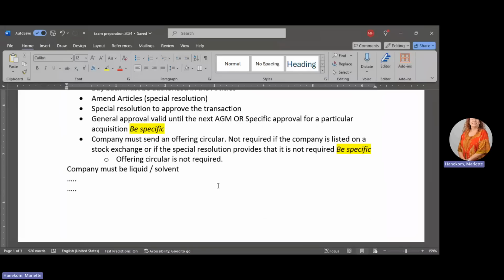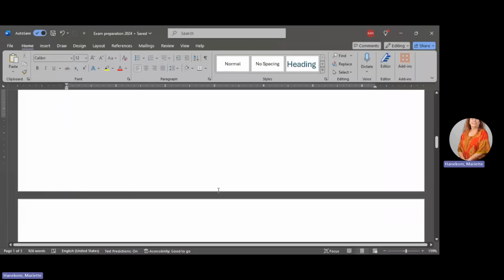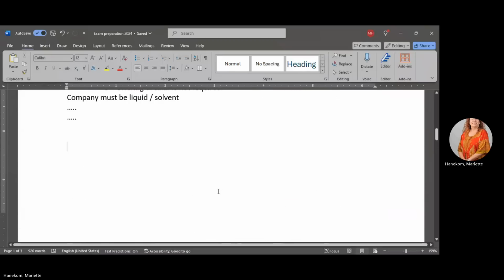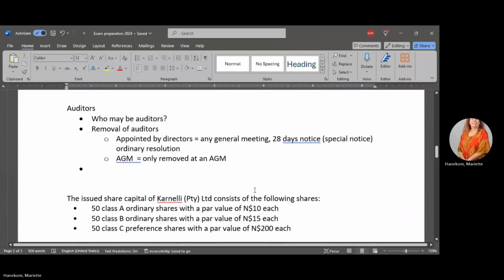That brings us then to Unit 15, auditors. Given that you are all studying towards a Bachelor of Accounting, obviously the unit on auditors is always important.